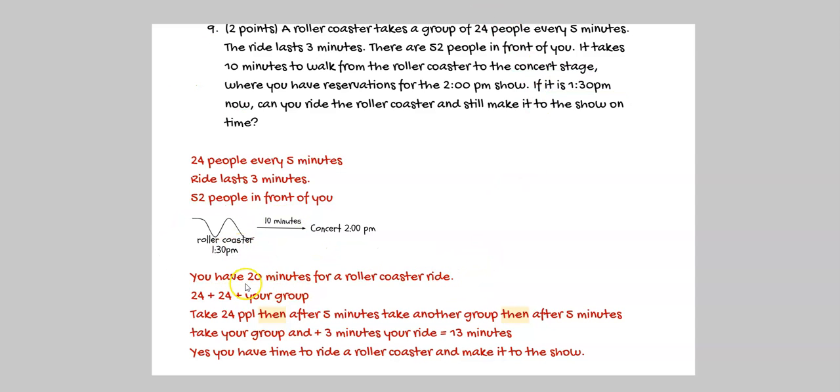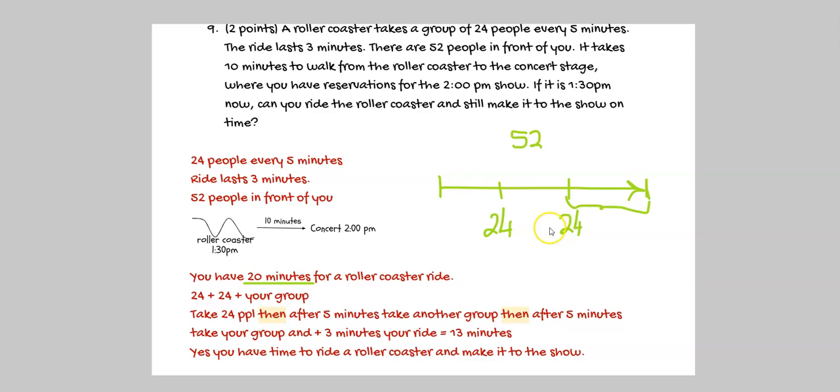Now, in these 20 minutes, you're standing here and in front of you there are 52 people, right? And they're taking people in groups of 24. One thing that we assume here is that right now a group of 24 people is coming in.